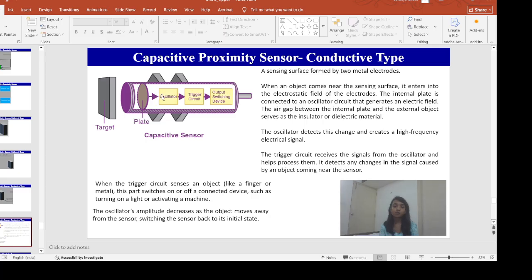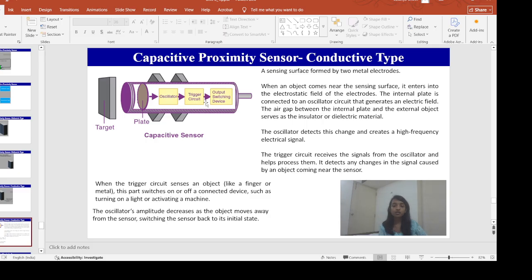Since this plate is connected to the oscillator, this oscillator circuit generates the electrostatic field, and the target comes under the influence of the electrostatic field. The separation between the two plates reduces, capacitance increases, and this oscillator will generate a high frequency electrical signal, or a high oscillation amplitude.